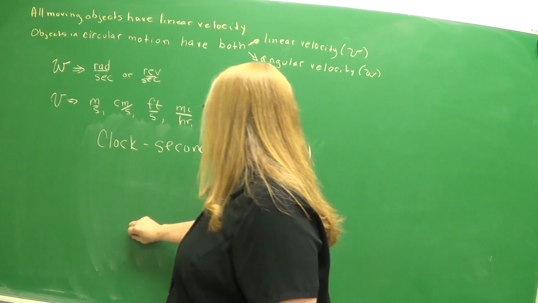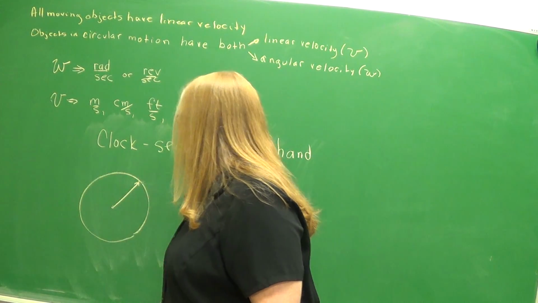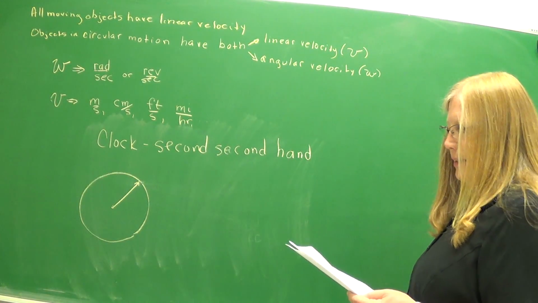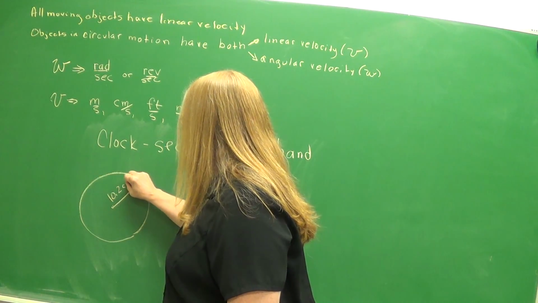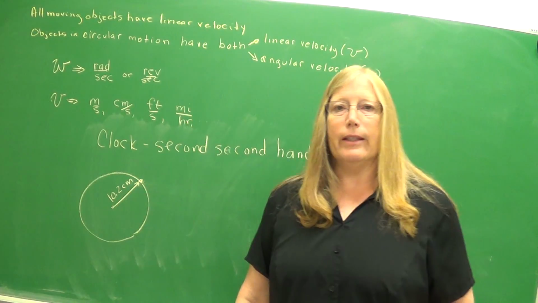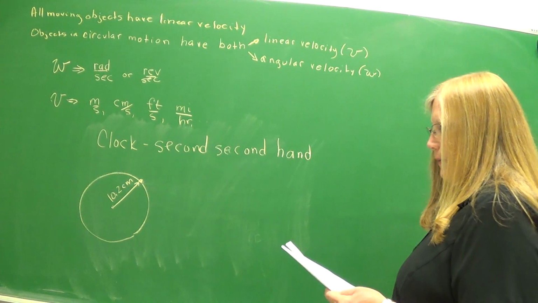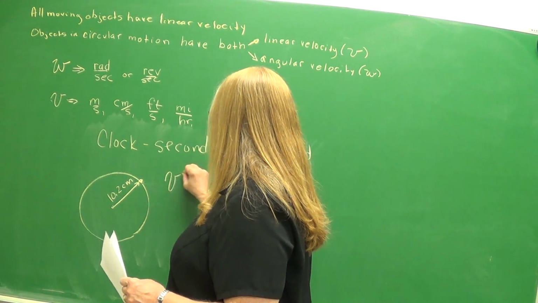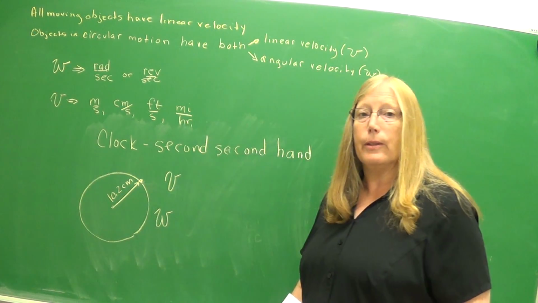I'll draw it at this position. The second hand has a length of 10.2 centimeters. I'm going to look at the point of this second hand, the very tip where it's on the circumference of the circle, and I want to find the velocity linearly and the velocity with angular speed.